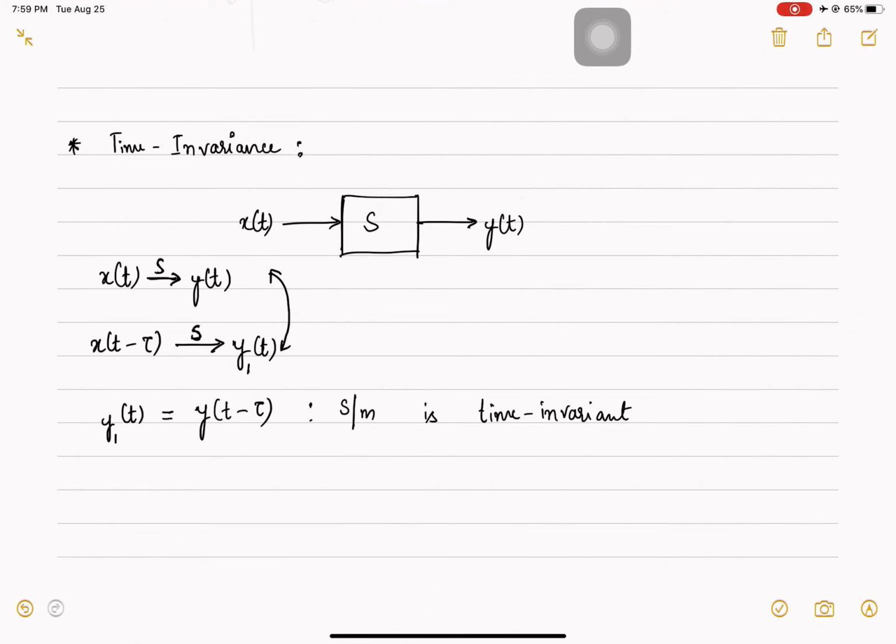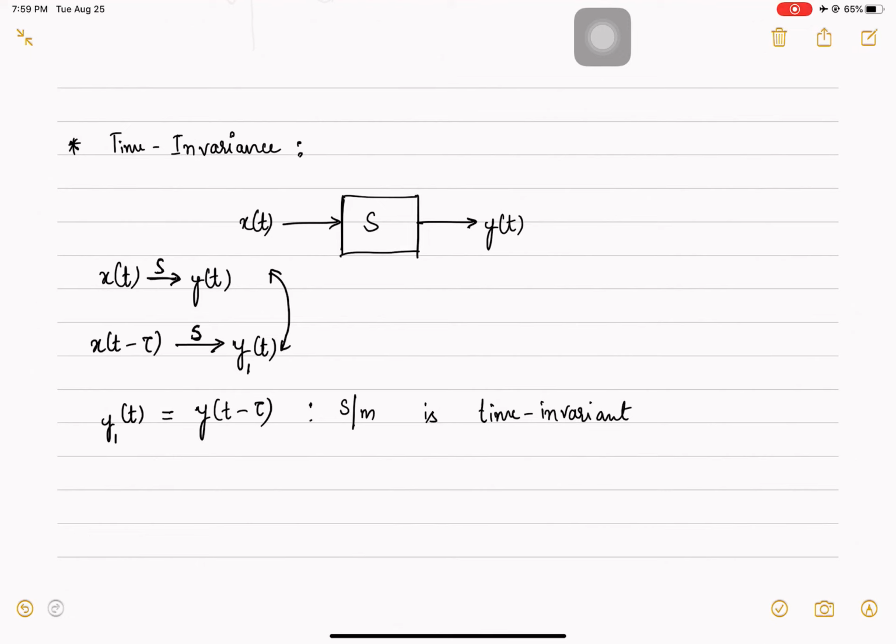Which means I take the same input x of t, and instead of passing it through the system S today, I pass it tomorrow. If I get the same output y of t the next day, which means it will be y of t minus 1, the system is time invariant. It's behaving the same way today as it behaved tomorrow. So the system is said to be time invariant.